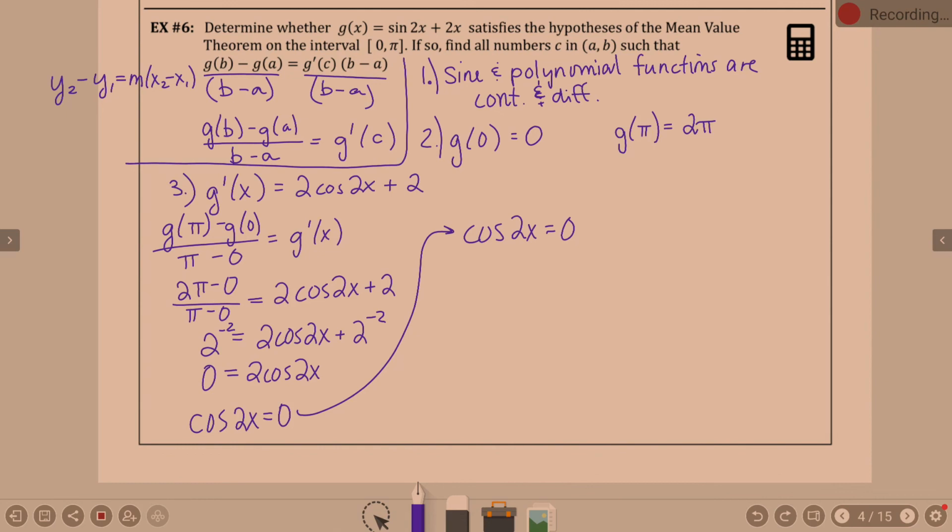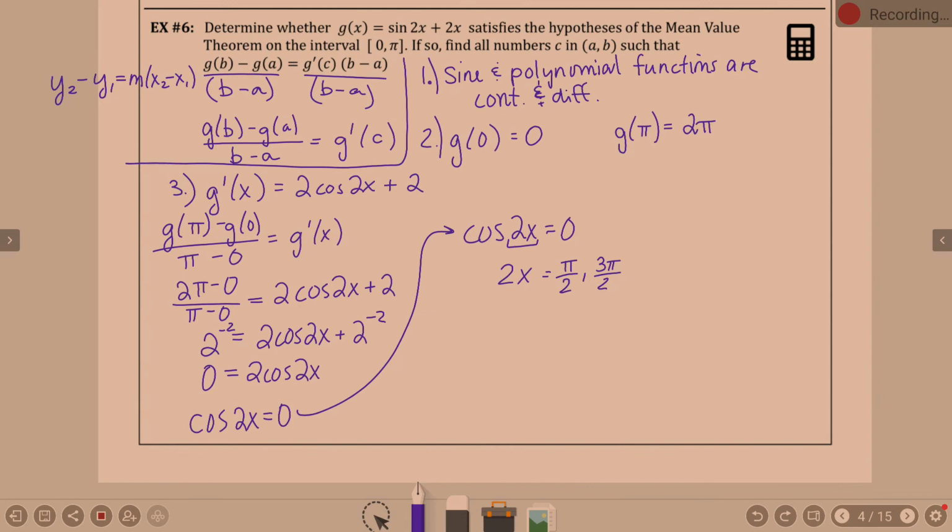Pi over 2 and 3 pi over 2. Normally we talk about when does cosine equal 0, and that happens at pi over 2 and 3 pi over 2, yes? Cosine of pi over 2 is 0, and cosine of 3 pi over 2 is 0. But what is in this place? It's a 2x.